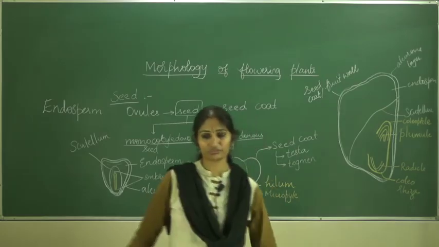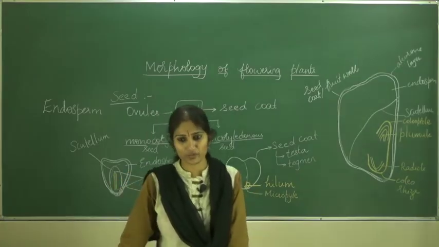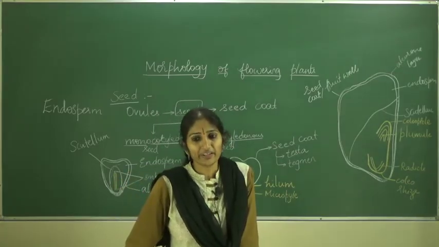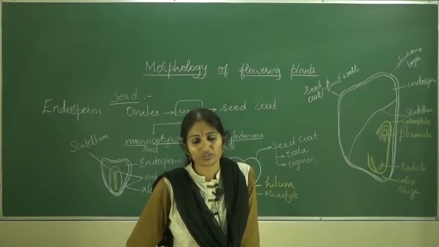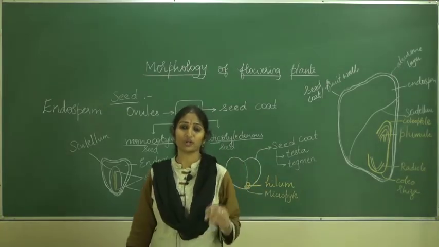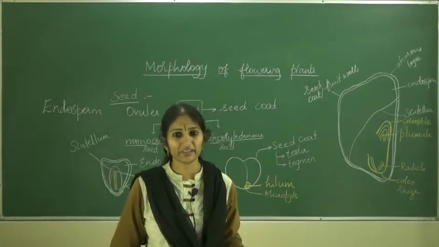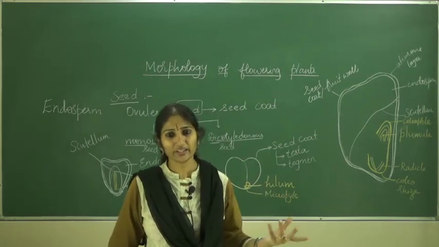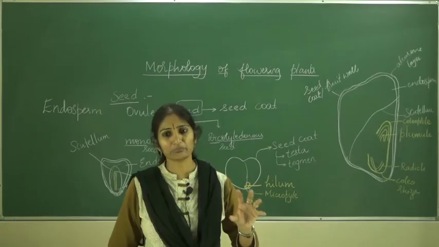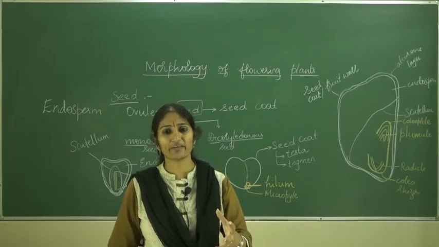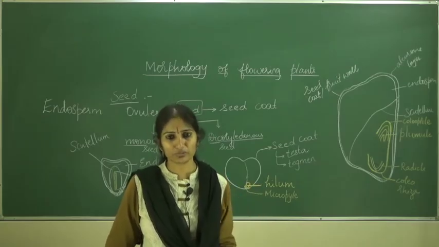It gives all the nutrients that the seed requires, and by the time the seed matures, the endosperm might be lost. Then the seed is completely matured, and it has all the nutrients which our endosperm had.